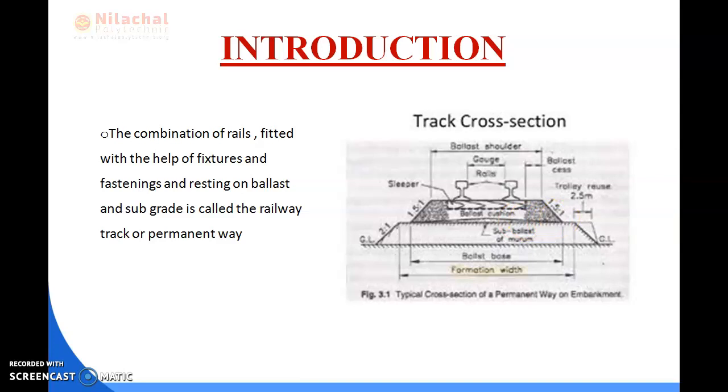So you clearly understood that first the ground level is placed. Over the ground level we provide the sub ballast portion, which is called moram. We fill that material properly, and over that layer, on the corner or shoulder portion, we pack the ballast, and on the top middle section we provide what is called the ballast cushion.